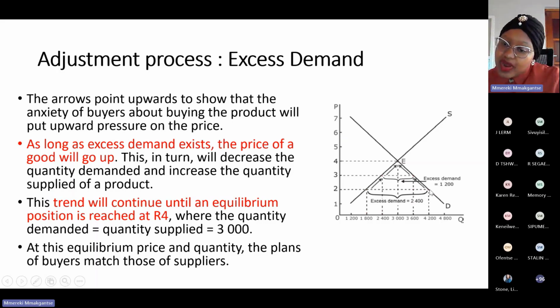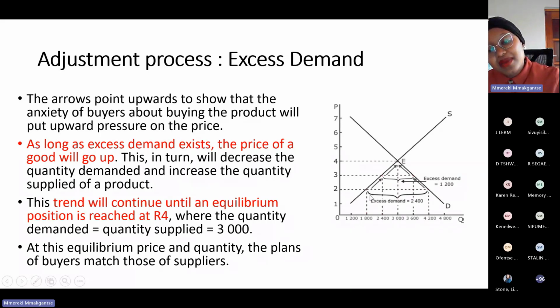At 2 Rand, the quantity demanded was 4,200. At 3 Rand, it was 3,600, and then it's decreasing. From 4,200 to 3,600, and now we're at 3,000 equilibrium. So excess demand puts upward pressure on the price, which in turn decreases the quantity demanded.